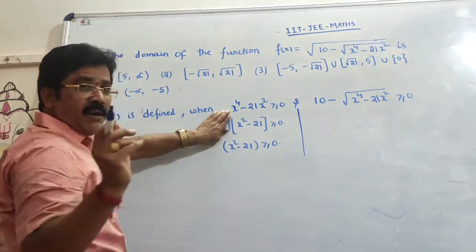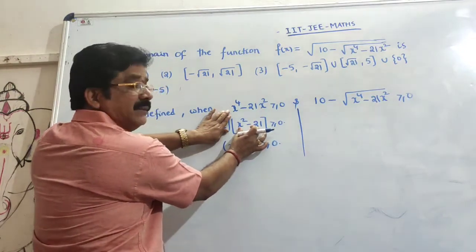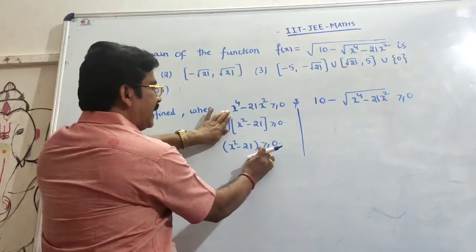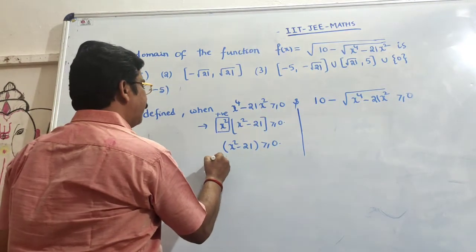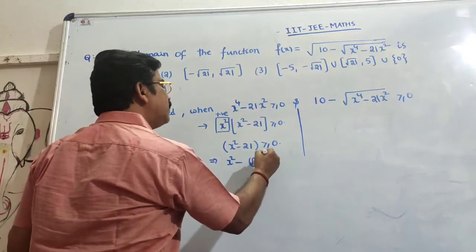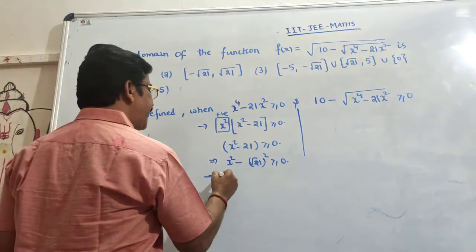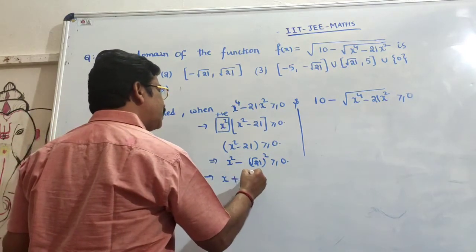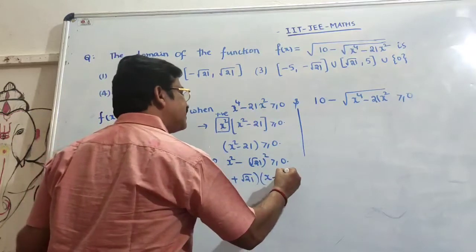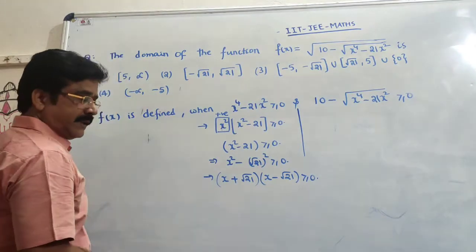Now we have to think of the sign of x² − 21. So x² − 21 should be greater than or equal to 0. So x² can be written as (√21)² ≥ 0, which implies (x + √21)(x − √21) ≥ 0.